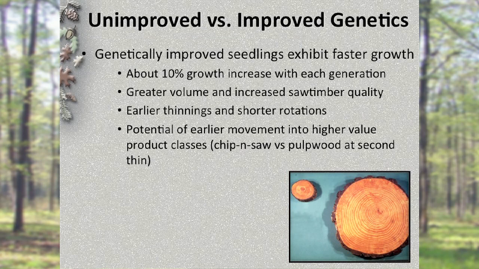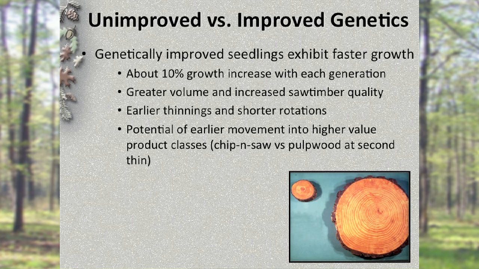We look at unimproved versus improved genetics. Genetically improved seedlings exhibit faster growth, as shown by the lower picture on the right-hand side of the slide. You can expect at least a 10% increase in growth with each generation. Expect greater volume production, and today genetics has moved more toward increasing the saw timber quality of the trees.